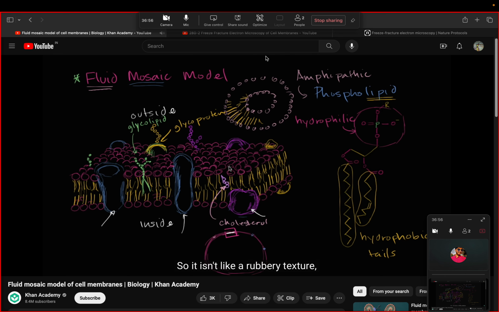It isn't like a rubbery texture like a balloon. It's actually fluid. These things can move around, but even though it's fluid, it's good enough to separate the environment inside the cell from the environment outside of the cell. And that's where the name fluid mosaic model comes from.